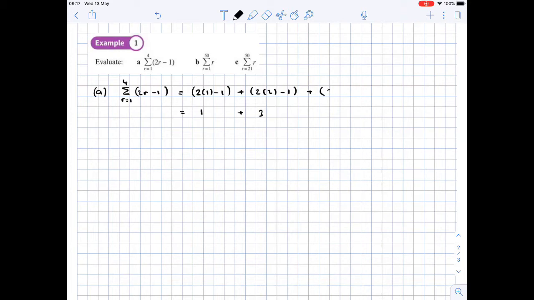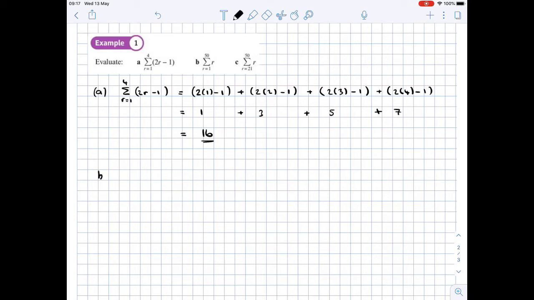The third term, 2 times 3 minus 1, so that is 5. And the fourth term gives us 7. So totaling those up gives us 16. Now, had that expanded on further, we could have recognised that it was an AP and we could have used the sum of an arithmetic series.